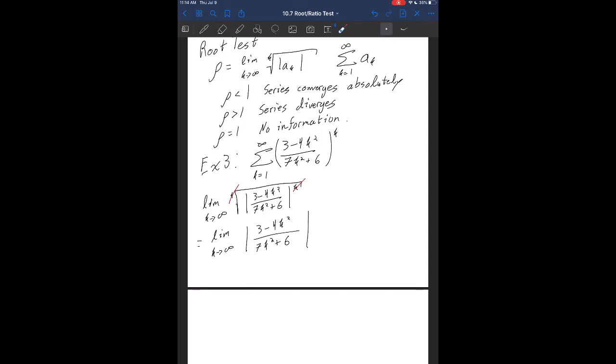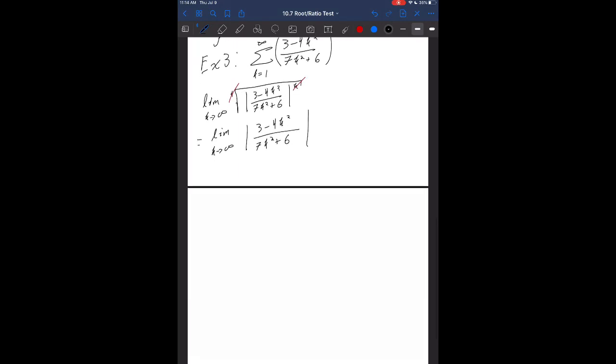Furthermore, the bottom is always going to be positive, so we have a negative number over a positive number. Taking the entire function as negative will allow us to get rid of this absolute value. So in particular, this is equal to the limit as k goes to infinity of 4k squared minus 3 over 7k squared plus 6.